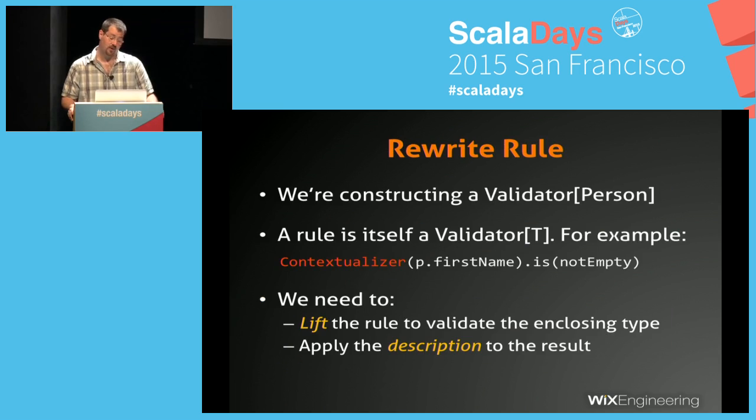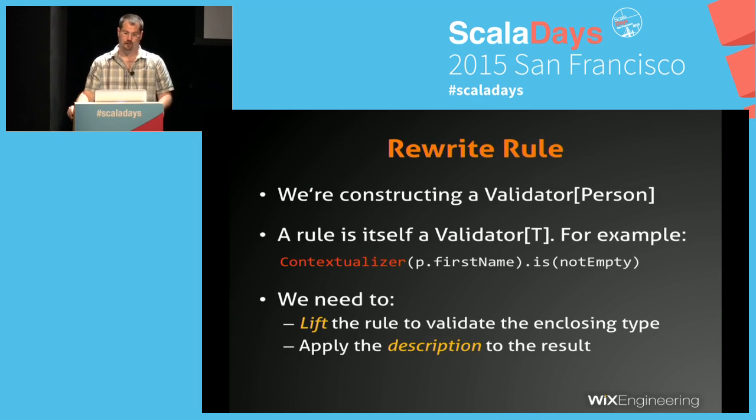there's a second thing we need to do. If we're constructing a validator over the type of person, it has a bunch of rules in it that apply to different fields for that person. We have a first name field, we have a last name field, maybe we have an age, an address, etc., etc. And we want to wrap all of these different rules in an AND combinator.